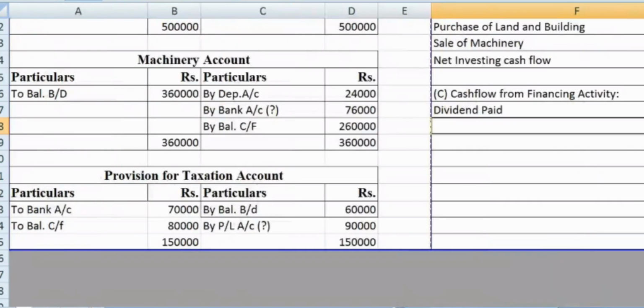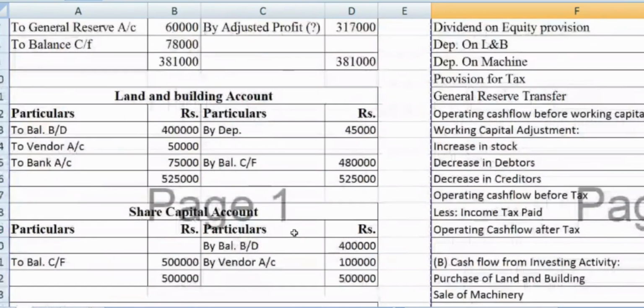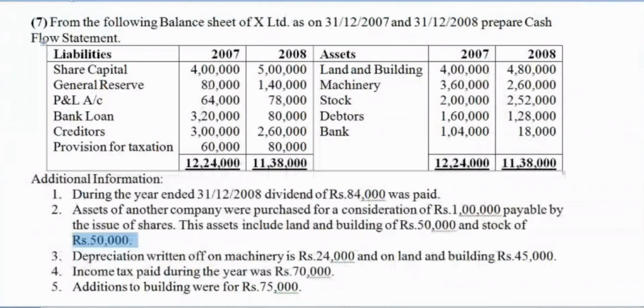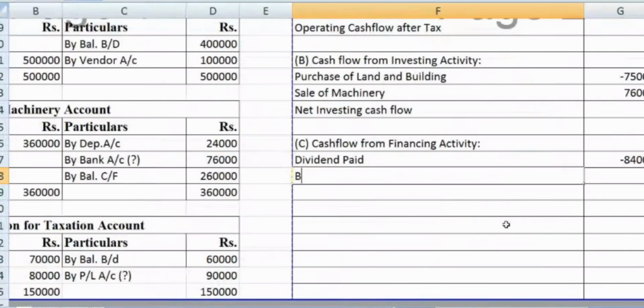Second is here in this accounts there is no any financing activities, but in the balance sheet there is a bank loan redeemed. So what is difference between 320 and 80? 240, I think. Am I correct? 240. Yes sir. Bank loan redeemed. 240, that is also minus.